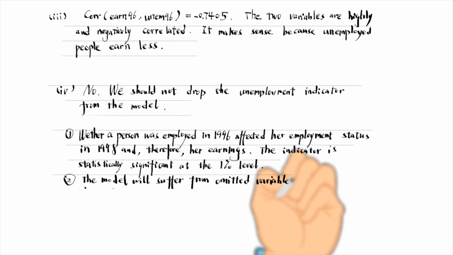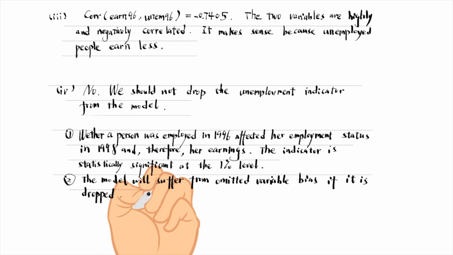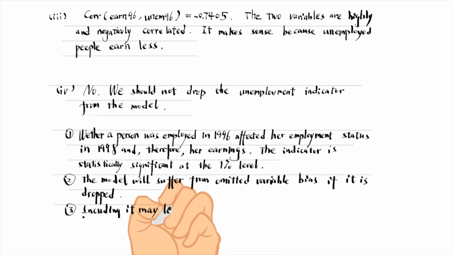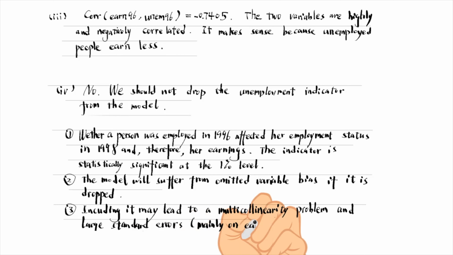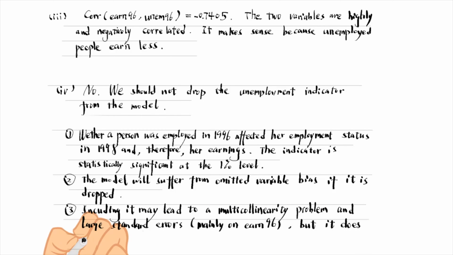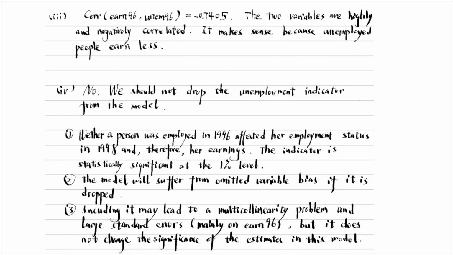Second, the model will suffer from omitted variable bias if it is dropped from the model. Third, including it may lead to a multicollinearity problem and large standard errors. But we find that it does not change the significance of the estimates in this model. Therefore, there's no reason to drop it from the model.